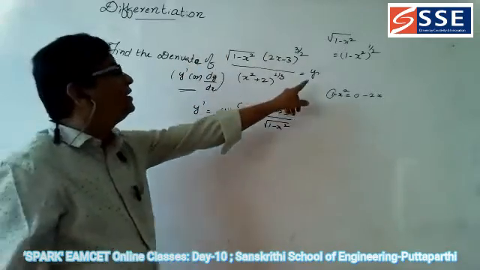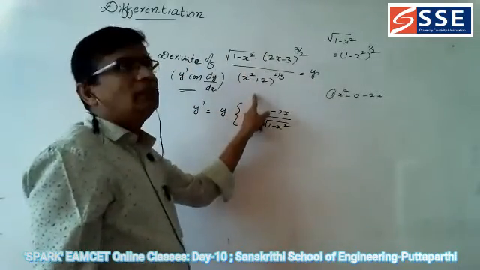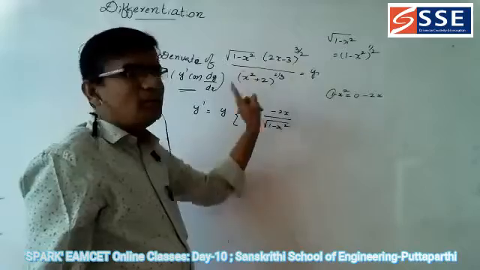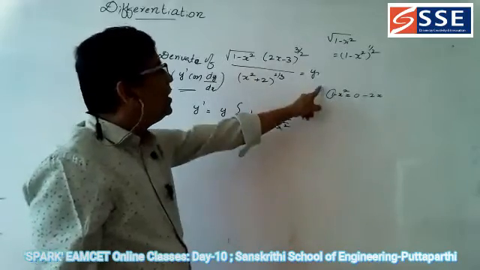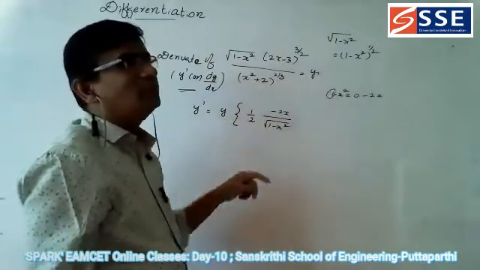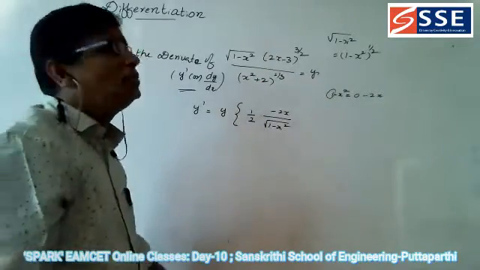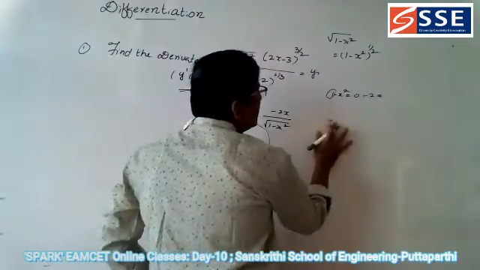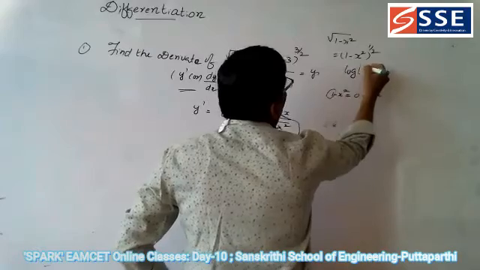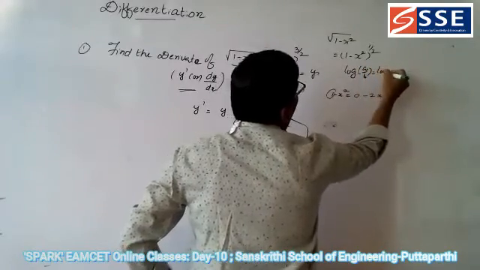Why we are writing this is nothing but, y is equal to this expression. Take logs on both sides. So log y is equal to log of this. This is in the form of log a by b. What is the formula? Log a by b is equal to log a minus log b.